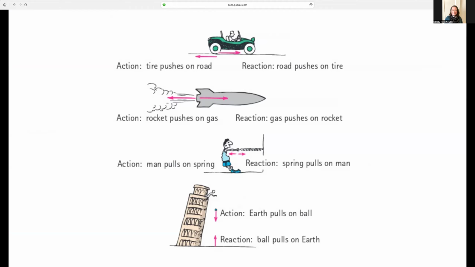We have a man pulling on a spring, and the spring pulls back on the man. And then we have someone dropping a ball off the Tower of Pisa. The earth pulls on the ball, and the ball pulls back on the earth. And that one might sound a little weird, but we will touch on that concept in a moment.